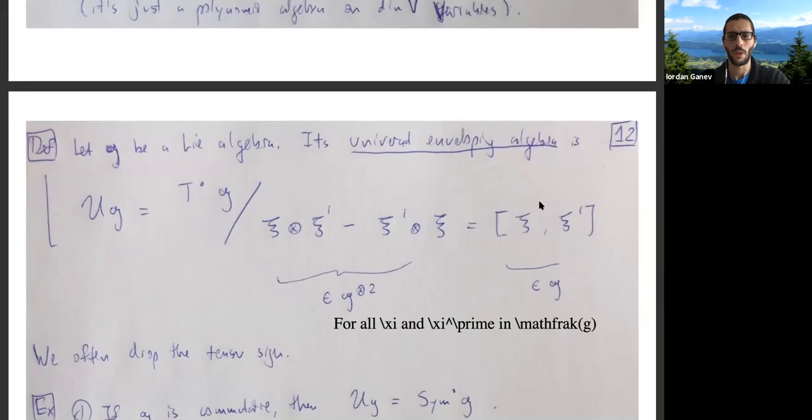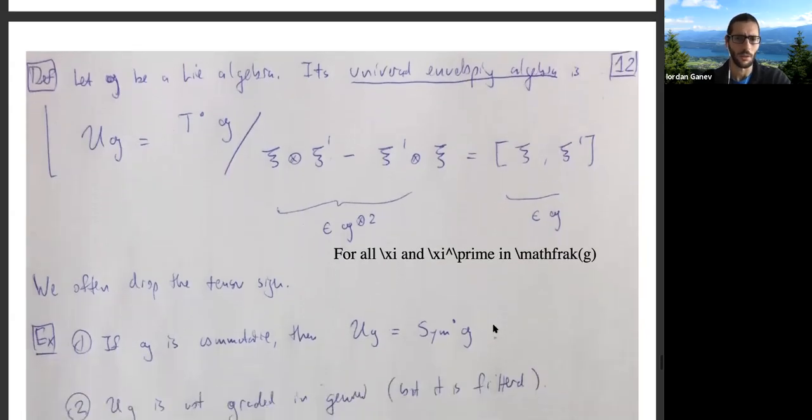And in the Lie algebra, we have its own commutator. Note that the commutator in the tensor algebra is a 2-tensor, and the Lie algebra commutator is just another element in the Lie algebra. So it's something in g. And we set these two things equal to each other in the universal enveloping algebra.